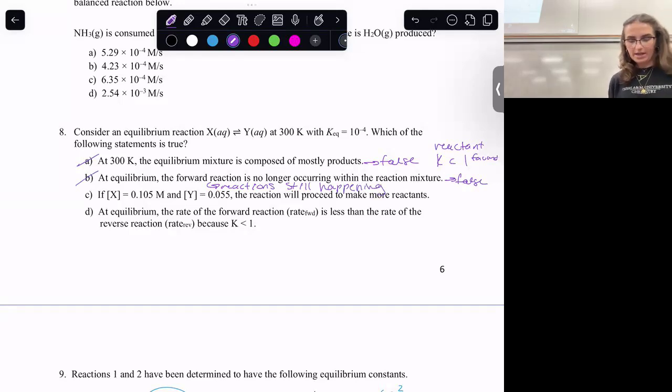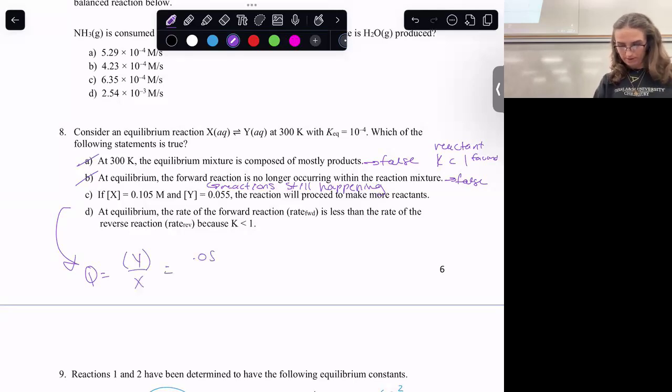If the concentration of X is equal to 0.105, then the concentration of Y is equal to 0.055, the reaction will proceed to make more reactants. How would we solve that? We have to solve for Q. So Q is equal to Y over X, which is 0.055 over 0.105, and that is 0.5238.